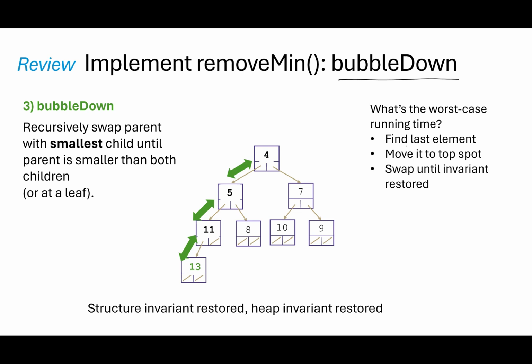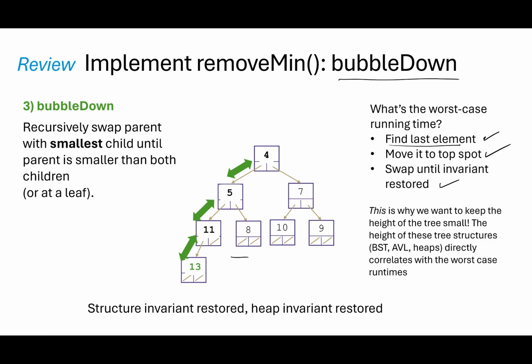So what did we do? We found the last element, which was here. We took it to the top, right? So we found the last element, moved it to the top, and swapped until the invariant is restored. Is it clear to everyone?